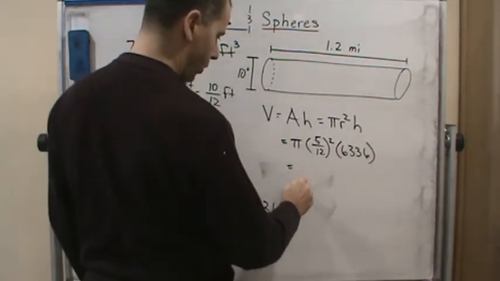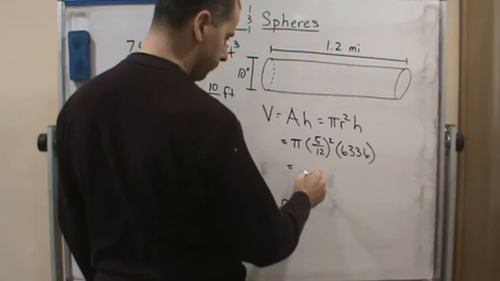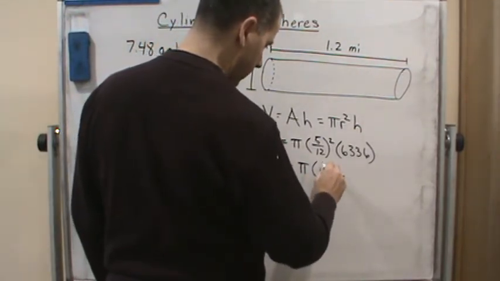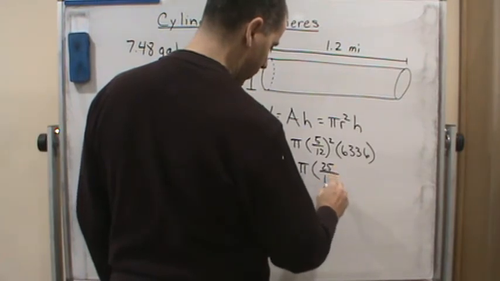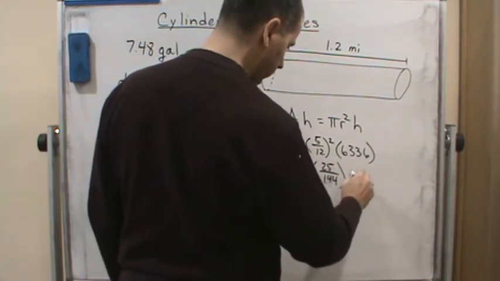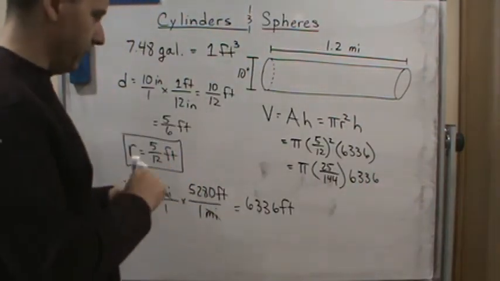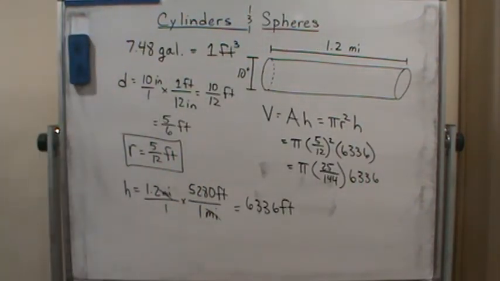So this is going to turn out to be pi times 25 over 144 times 6,336. And so plug this into our calculator and we get approximately 3455.